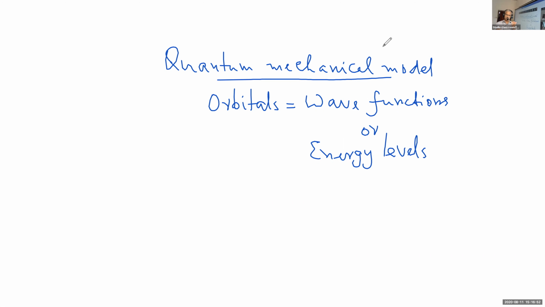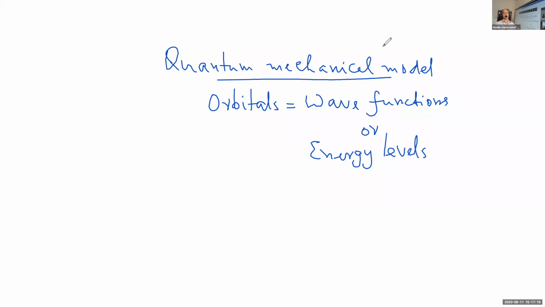You know, say, the equation ax square plus bx plus c is equal to 0. From that you can get two solutions for x. Similarly here also, for the orbital, there is an equation known as the wave equation.